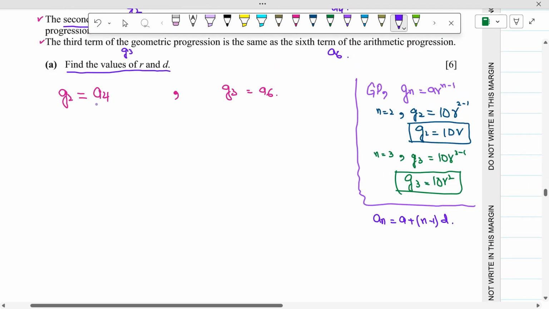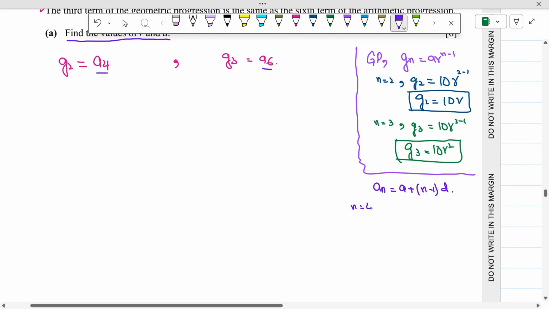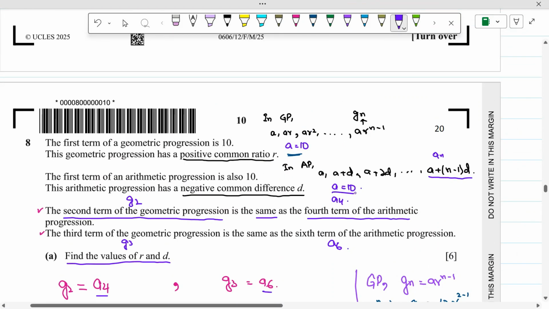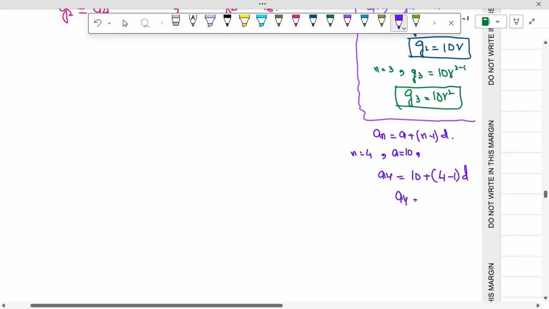And we need to find a4 and a6. So n is equal to 4 and the first term of the arithmetic progression is also 10. So a4 is equal to 10 plus 4 minus 1 times d. So a4 is equal to 10 plus 3d.